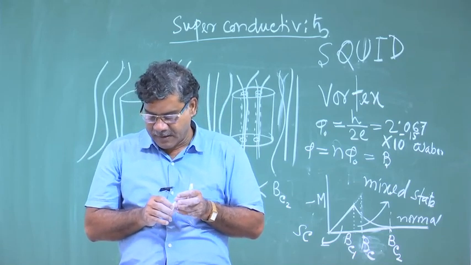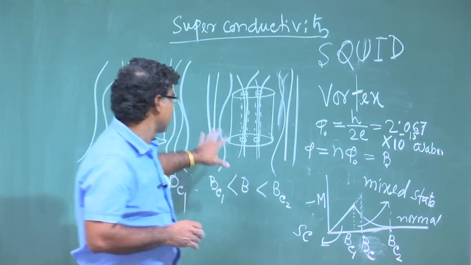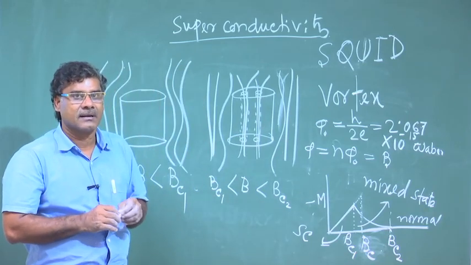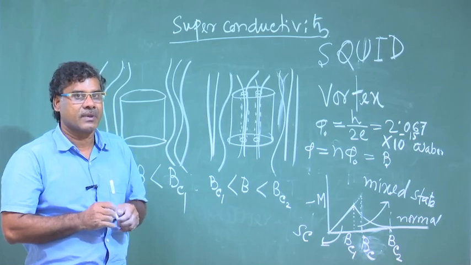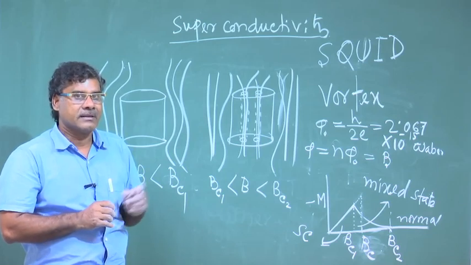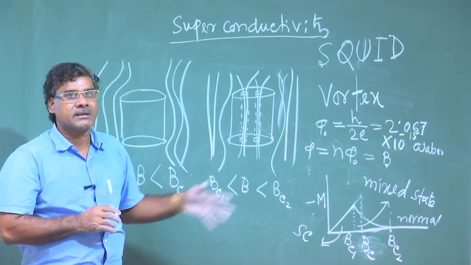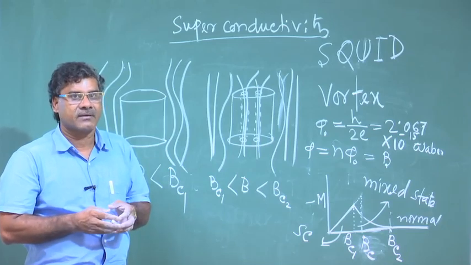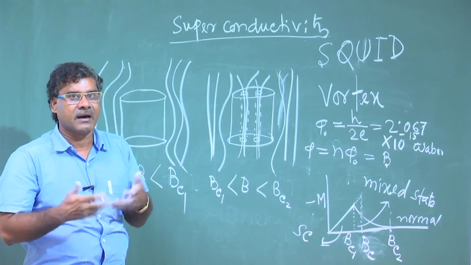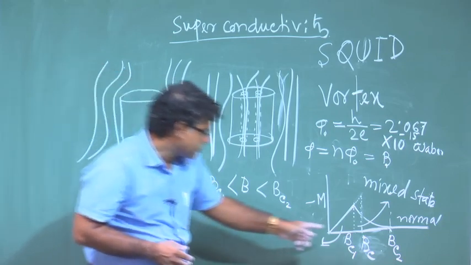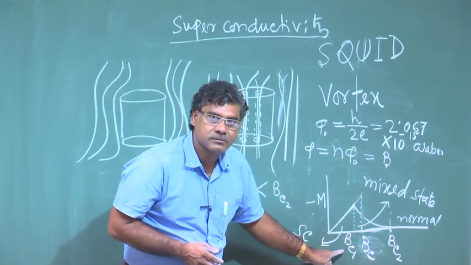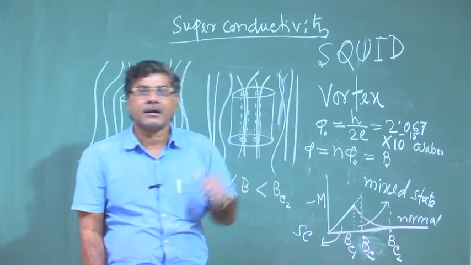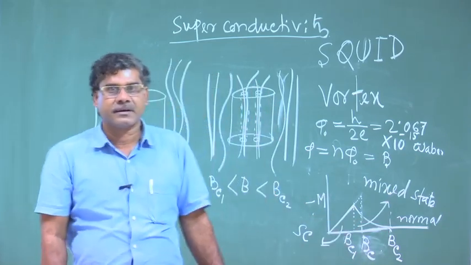So, this is a very interesting phenomenon of type 2 superconductor. And this type 2 superconductor is used for producing very high magnetic field, because this BC1 is very small, but BC2 of some metals is very high, even 100 Tesla.